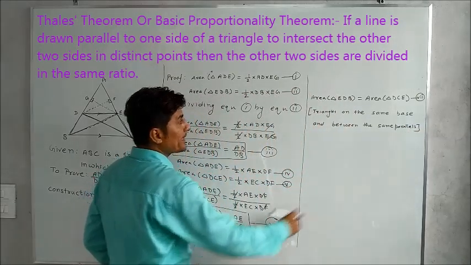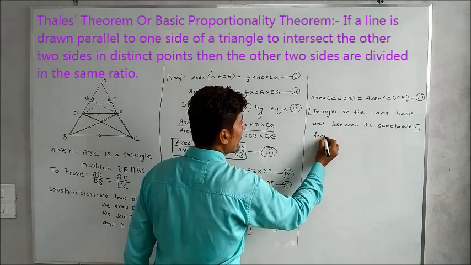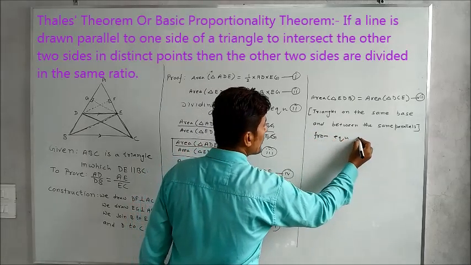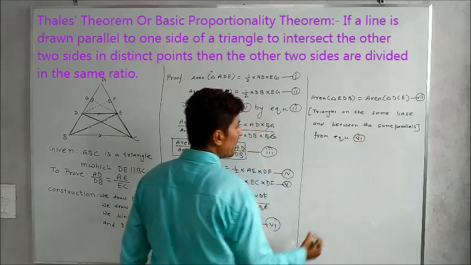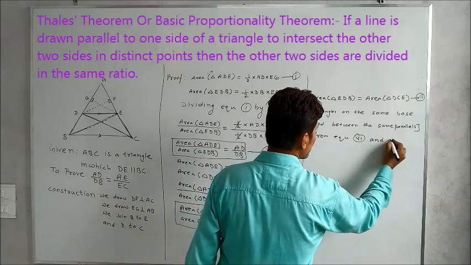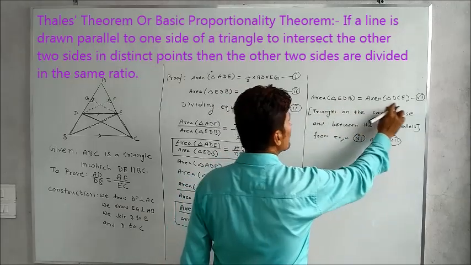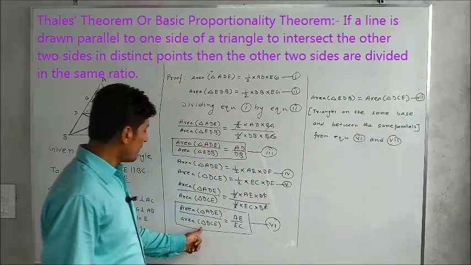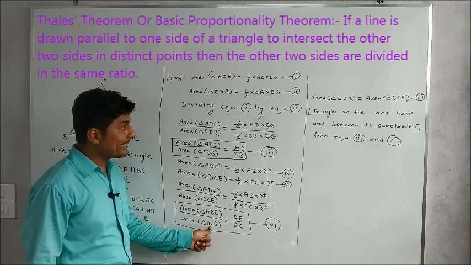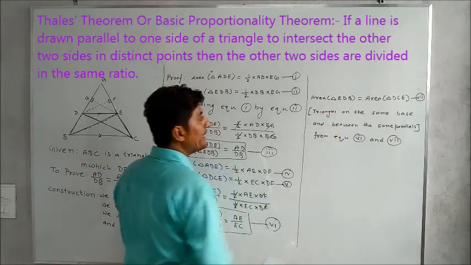Now from equation 6 and 7. Since area of triangle EDB equals area of triangle DCE, in the place of area of triangle DCE, we can write area of triangle EDB.